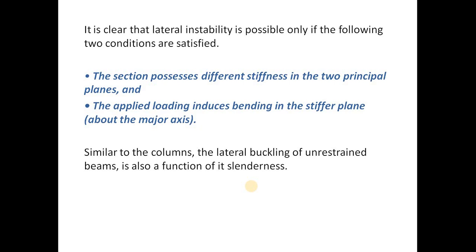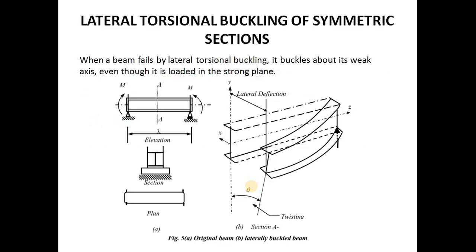Similar to columns, the lateral buckling of unrestrained beams is also a function of its slenderness. Slenderness is actually the length divided by the minimum radius of gyration, so that defines the slenderness ratio. As in the case of buckling of columns, here also the lateral torsional buckling mainly depends on the slenderness. There are many other factors on which it depends, so we'll see all those things one by one.